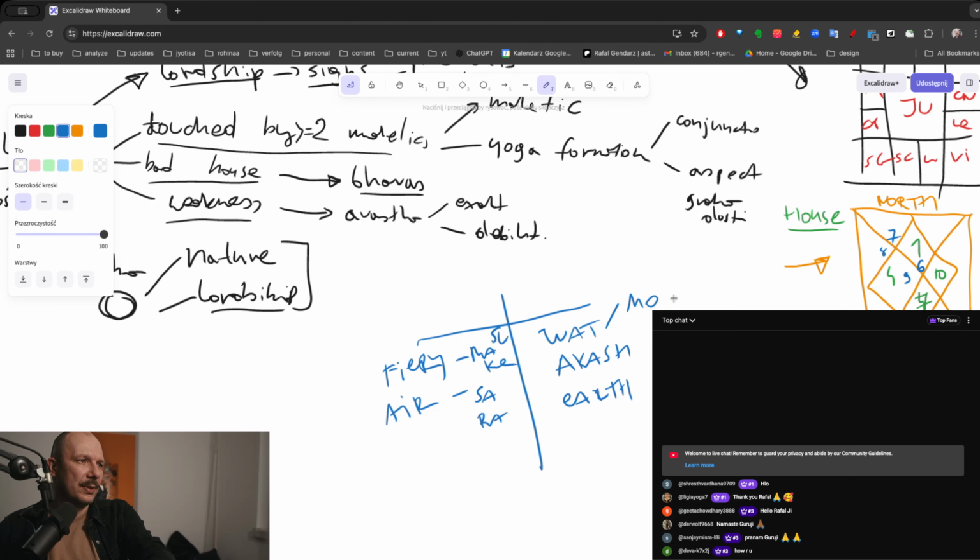So this is Moon, Venus, right? Here we have Akasha, which is Jupiter, and here we have Earth, which is Mercury. Moon, Venus, Jupiter, Mercury. All right, so that is how we derive the malefic and benefic, right?